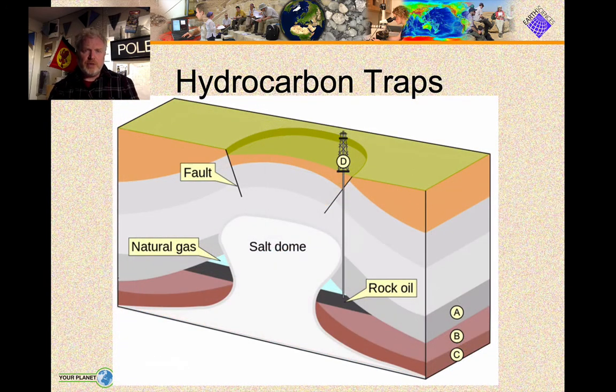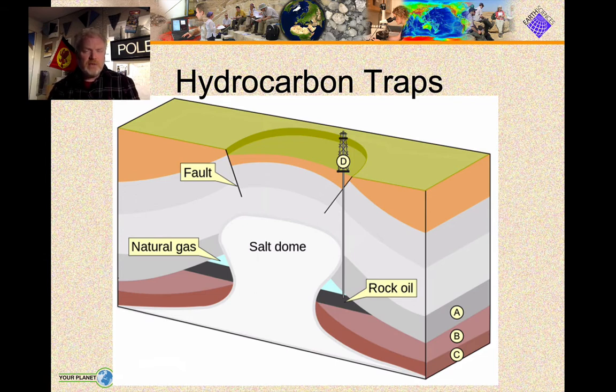Our next hydrocarbon trap is a salt dome. Salt domes are caused by a low density salt stoping its way up through the surrounding rock or the overlying rock because of its low density and its ability to flow. This again will dome up the rocks around, a bit like in an anticline, and it also provides a seal for the end of a reservoir rock.